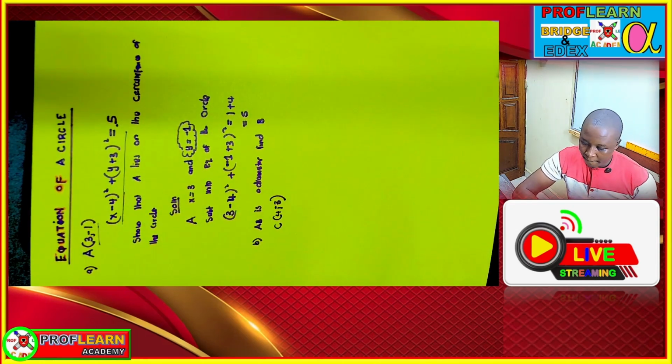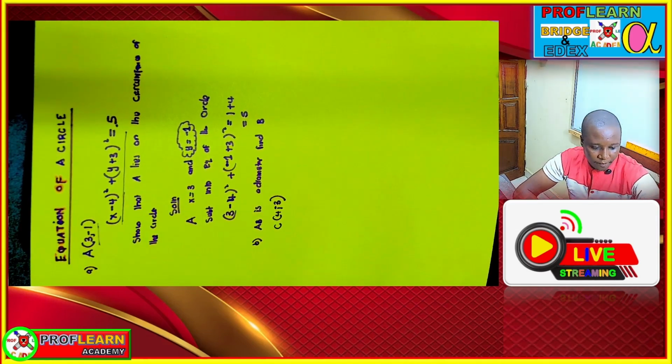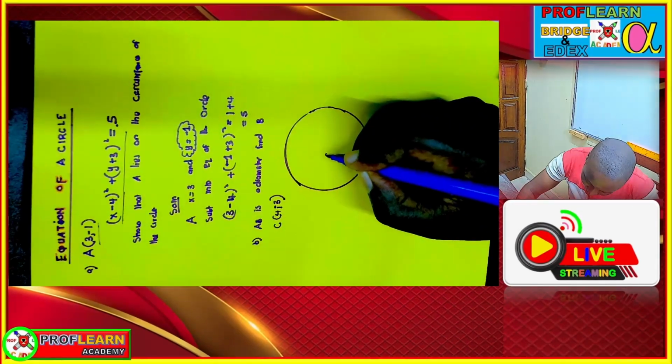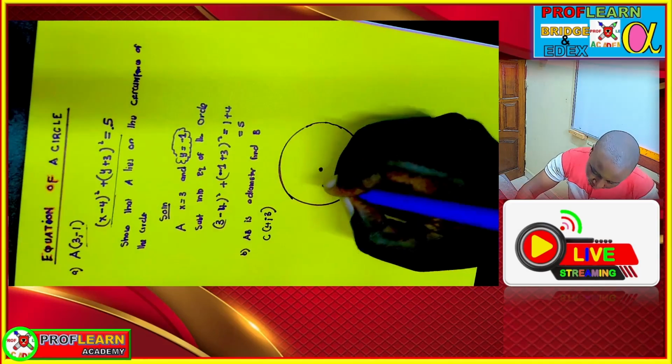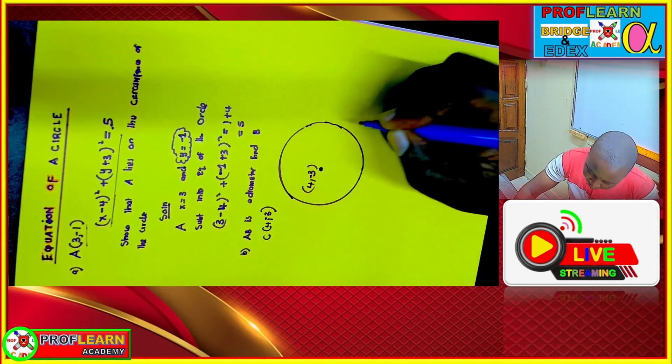So if I want to draw that circle, what do I have to do really? I need to draw a good, well drawn circle, whose center is the one that is (4, -3).